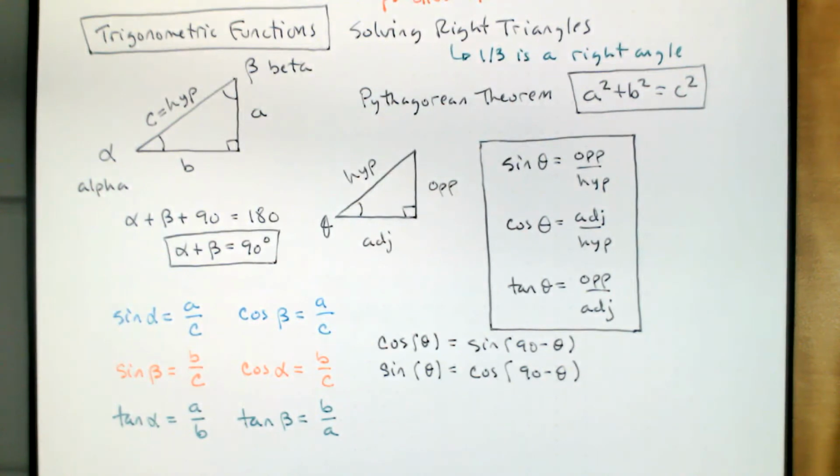Think, is there an identity that can sneakily get me out of this problem? That's probably where you're stuck. You're not remembering some identity. And then you'll be like, oh, wait a second, I can replace cosine of 90 minus theta with sine of theta. And now my life is easy. Thanks, trig identities.